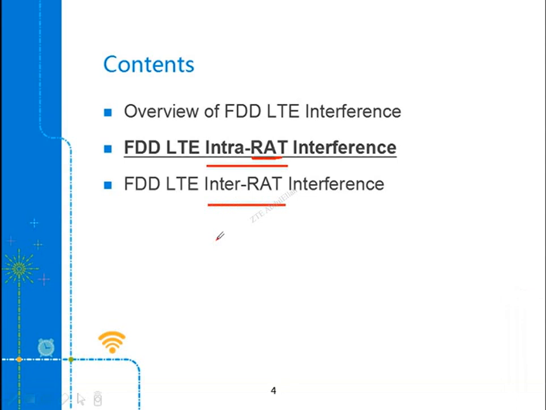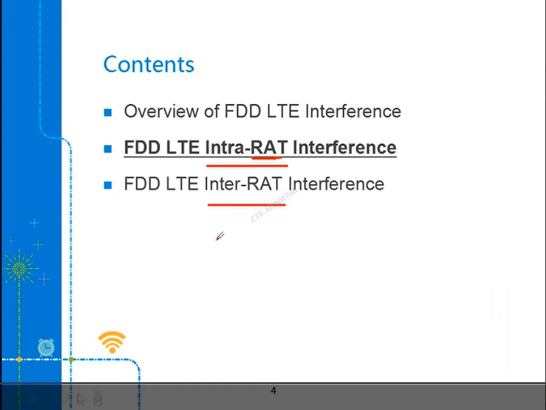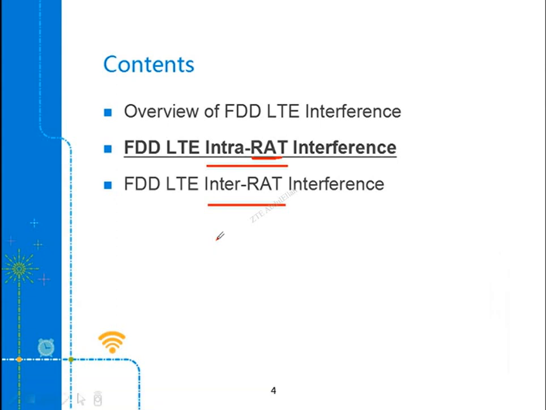So this we call intra-RAT. Inter-RAT, of course, means the interference of LTE does not come from LTE. Maybe it comes from 2G, 3G, or maybe it comes from other wireless technology. So first we see the intra-RAT interference.